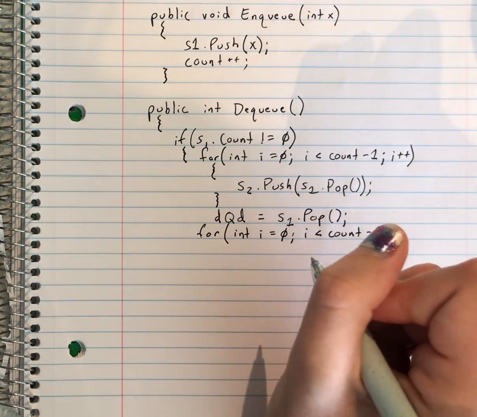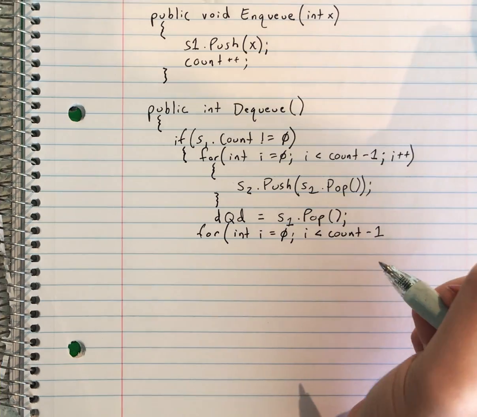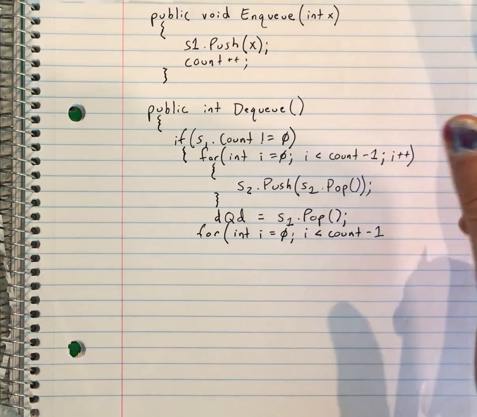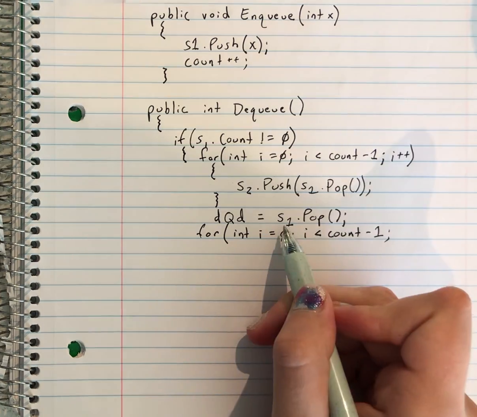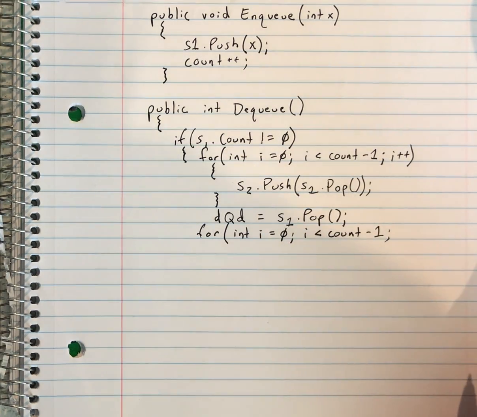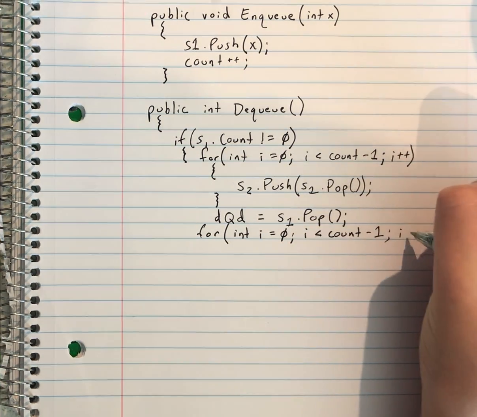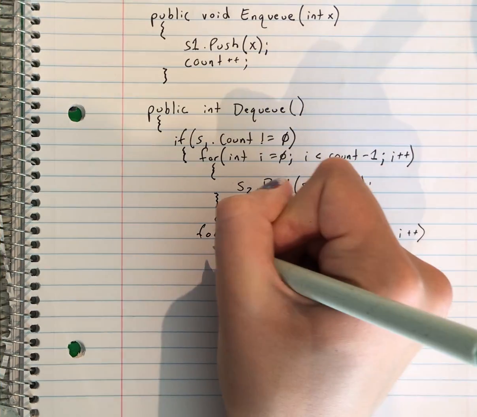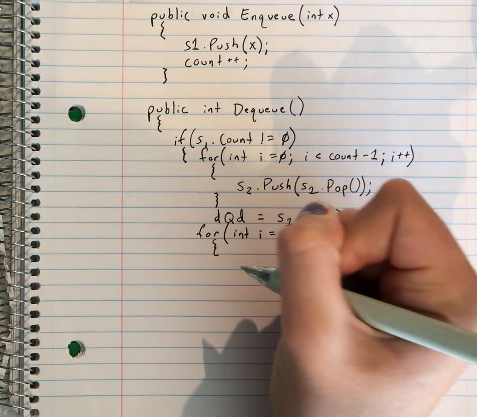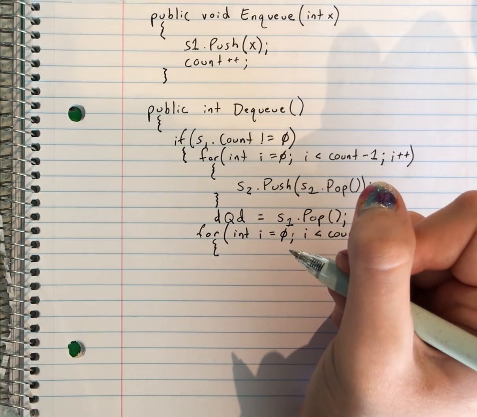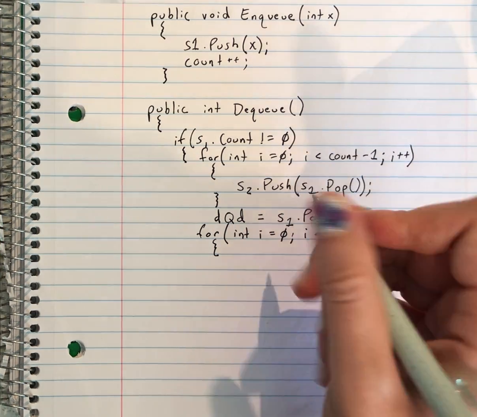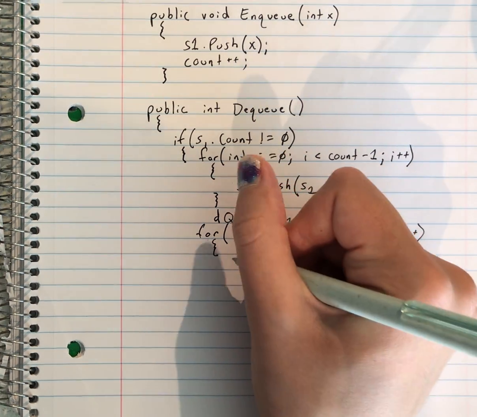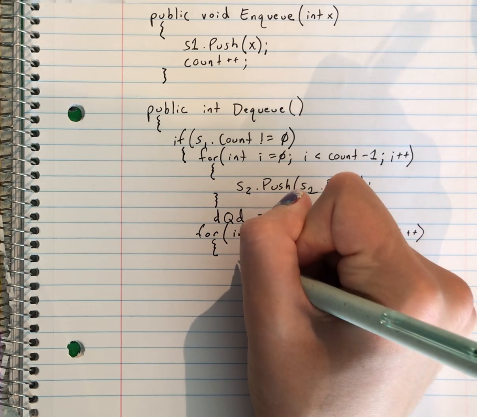This time, i going from 0 until count - 1 puts all of the elements back because we've popped one element, which is exactly what we want. So now we do the converse of what we did here, and we put everything back from stack 2 into stack 1.